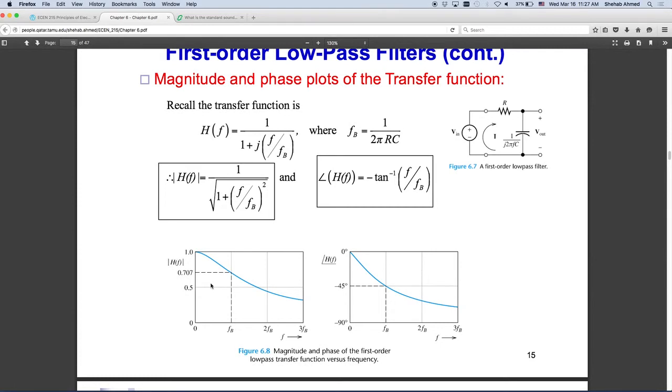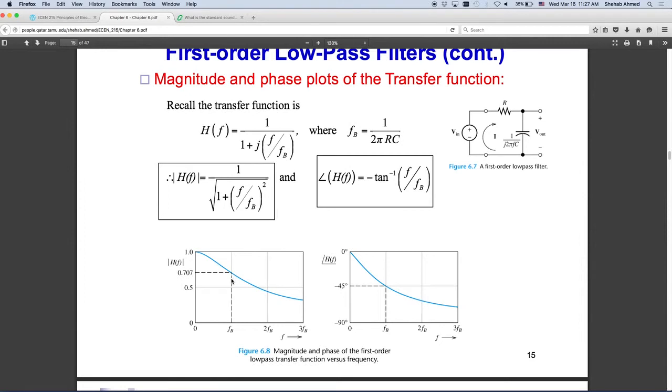Because you typically want to do what? Let's say your low pass filtering. You want the input signal at high frequency to be scaled down, right? That's what you want to do with the low pass filter. So at a certain frequency, for example FB, you know that the signal will be scaled down by 0.707.